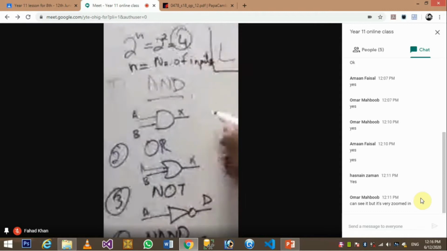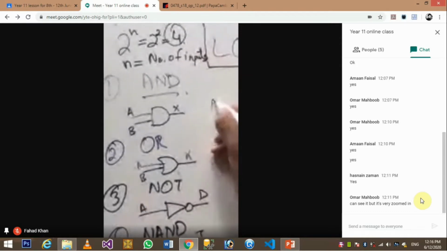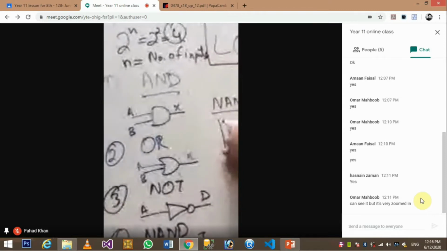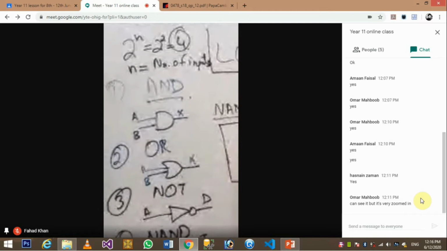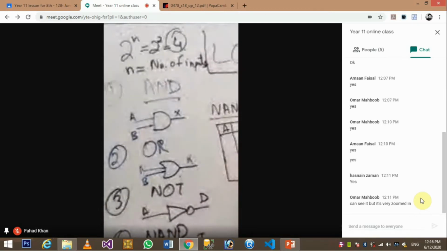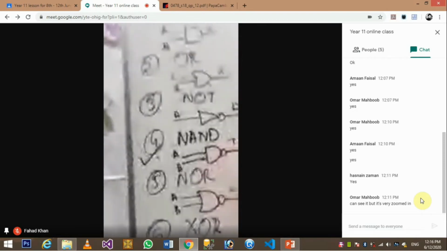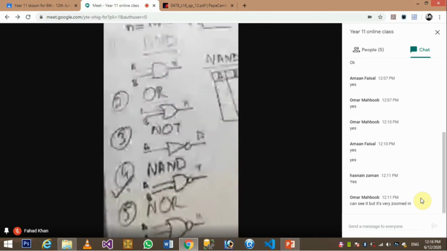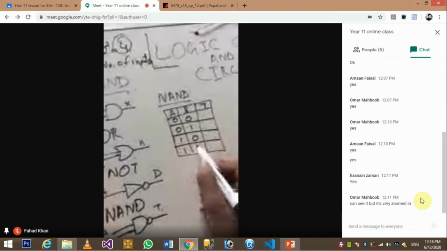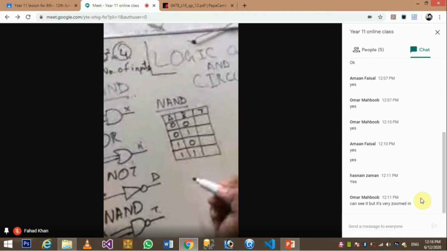So I'm making the truth table of NAND here right now. I have A, B, and for the NAND gate I wrote T, so I'll write T here. All the possible 4 rows: 0 0, 0 1, 1 0, 1 1.